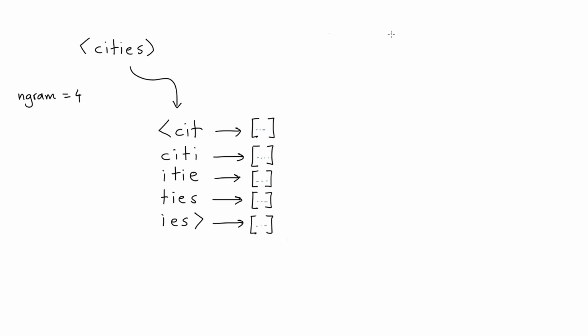Let's now, for example, say that I misspelled the word cities. Let's say that I misspell it because I introduce a Z over here, and let's also assume that we never saw that token in our training data. Then we still have some overlap with subtokens that we've seen before. For example, this subtoken is still captured, so is this one, as well as this one.